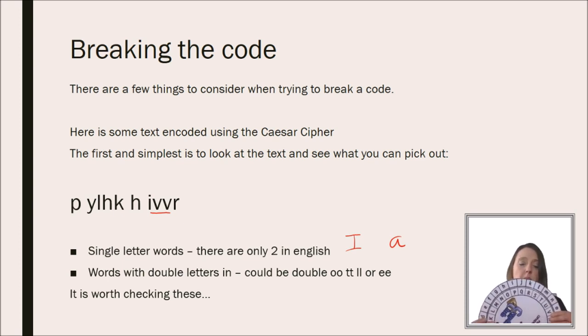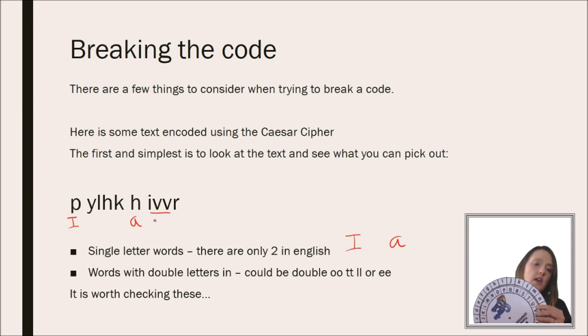Okay, so based on that, let's see if we can decipher this particular code. So we've said that P is the letter I, we've said that H is the letter A, and we have said that V was the letter O. Okay, let's look at the rest of the letters now then.